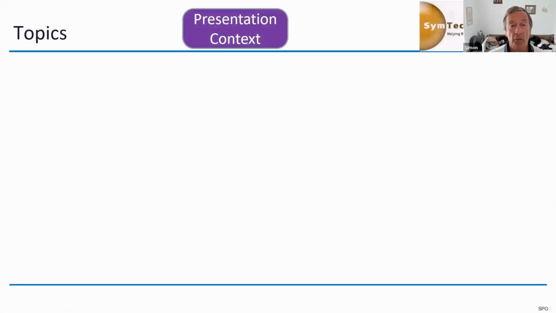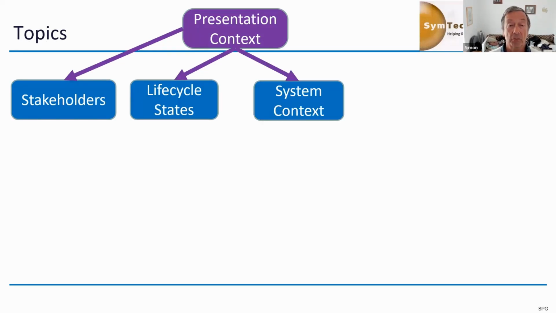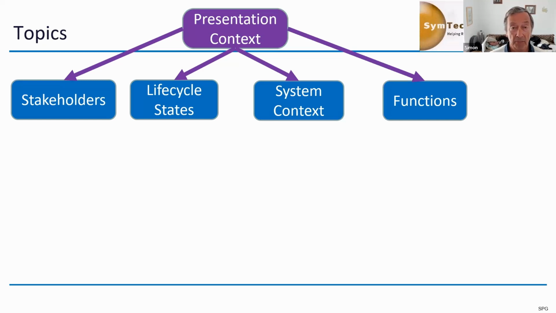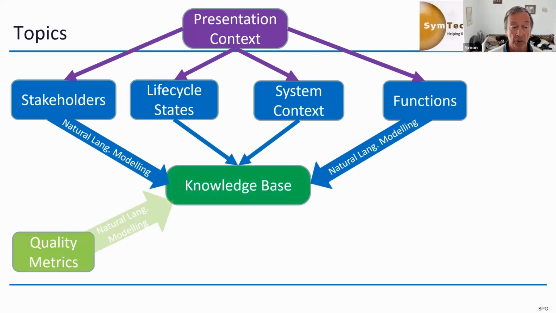Anyway, let's look at some topics. I'm going to start off by giving you some context to this presentation. What's it about? Then I'm going to look at how we analyzed stakeholders, how we looked at life cycle states, and system context diagrams, and that led into functional analysis. All this work was stored in a knowledge base using natural language modeling. This was very useful because we were also able to come up with quality metrics using the same natural language modeling.